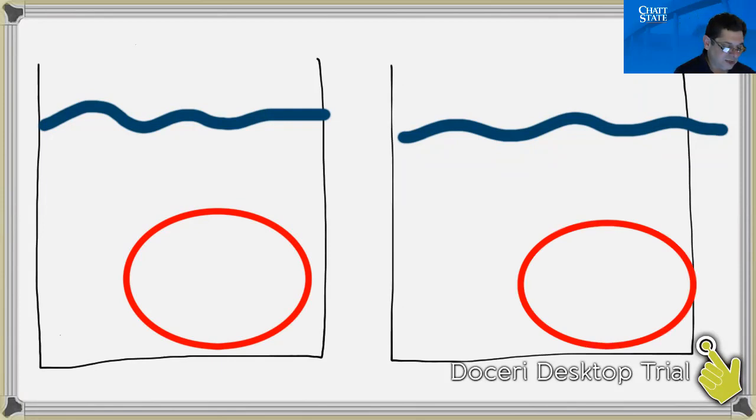So now we're just going to add a certain something in the bag. If I say we're going to add sucrose into the bag, then for the purposes of this experiment, red is going to be sucrose, okay? And blue is going to be water. So I'm going to add a 10% solution of sucrose inside the bag, and the water is, of course, in the beaker itself.